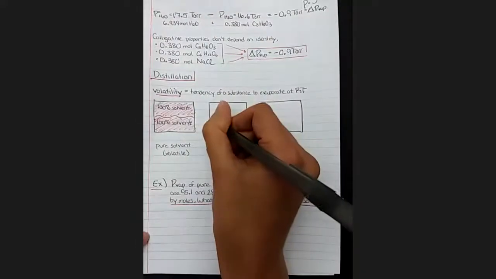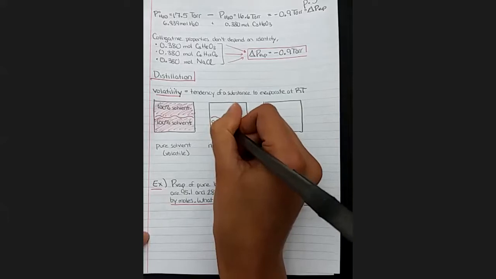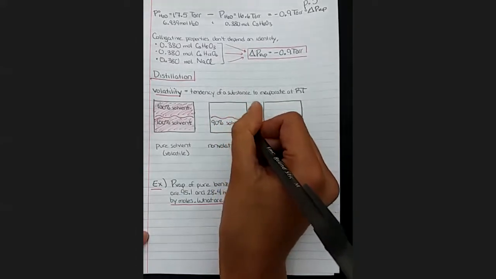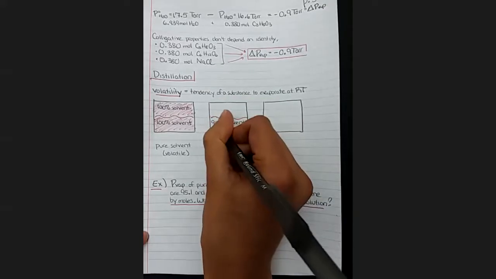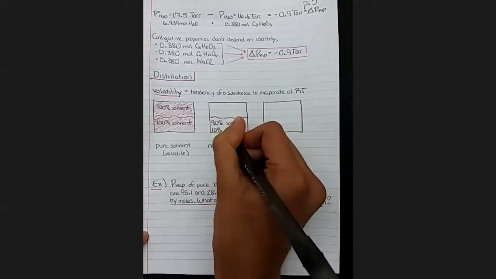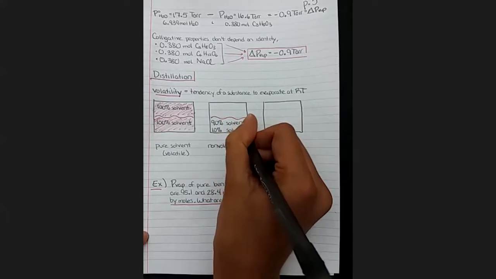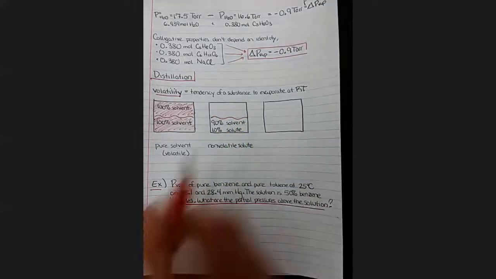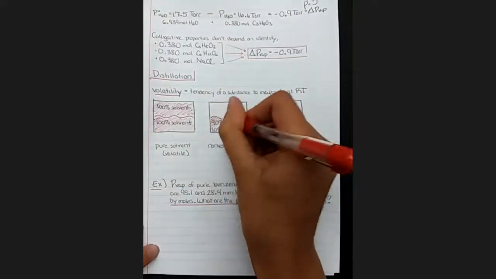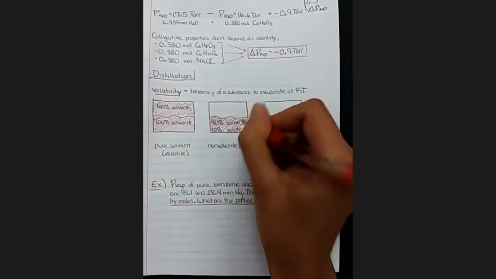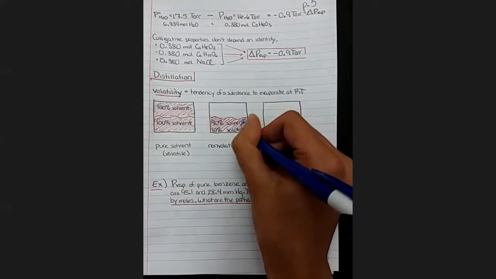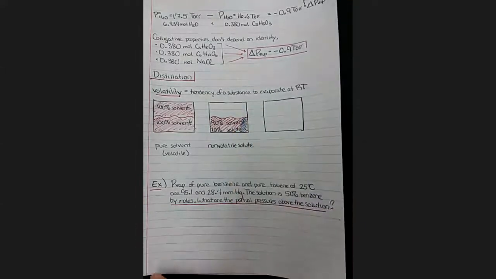Let's say that we made a mixture of liquids and it was 90% solvent, so it could be water. And then we put in 10% of that non-volatile solute, some sort of a solid. We can shade most of this in red, and then we'll shade some of it in blue for the solute.